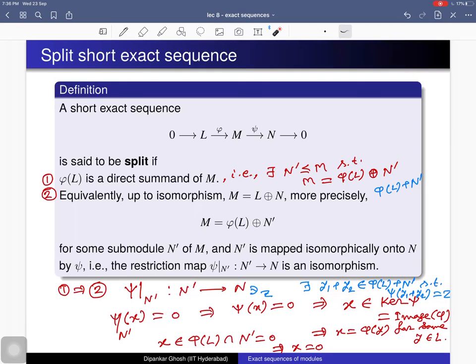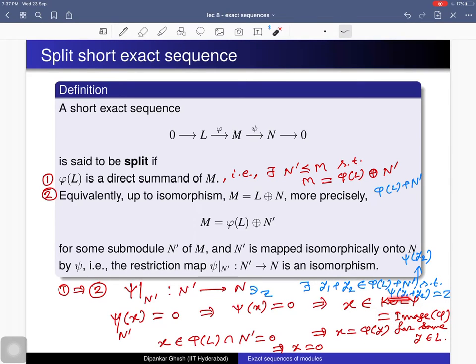Then you can see that psi of y1 plus y2 is the same as psi of y2 only, because y1 is in the image of phi, so y1 will be in the kernel of psi, because you have equality here.